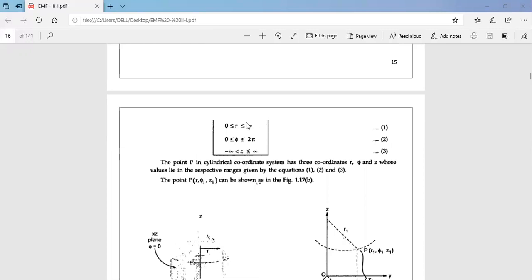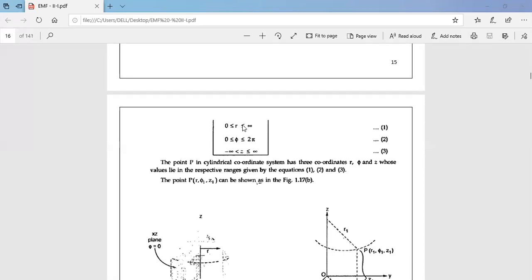So your three coordinates would be R, phi, and Z. With those three coordinates, you could locate any point in the cylindrical coordinate system. The same way, in the Cartesian coordinate system, with X, Y, and Z, you can locate any point.